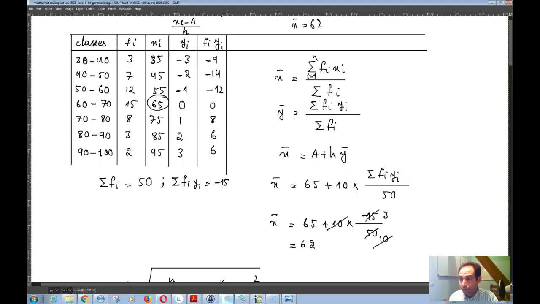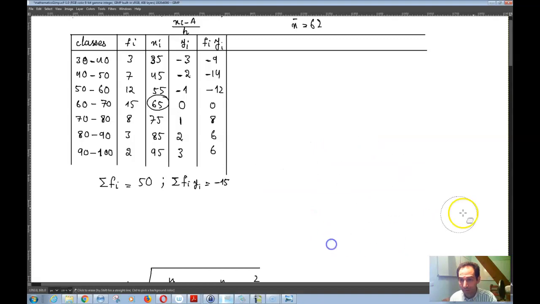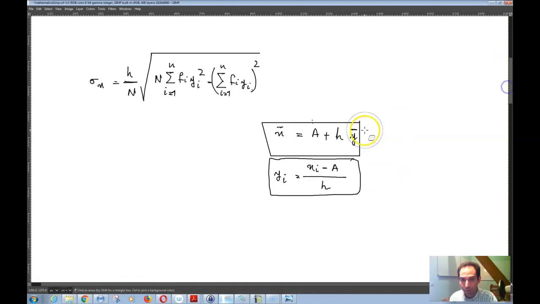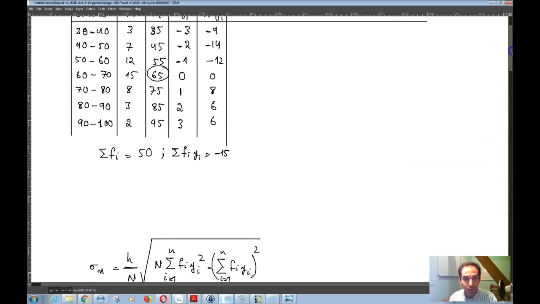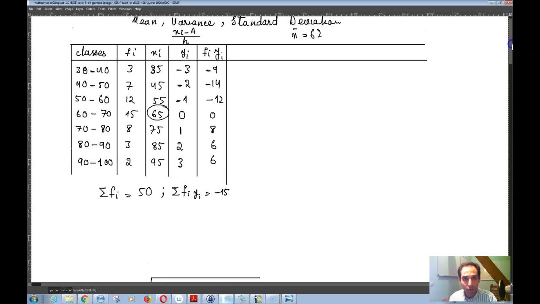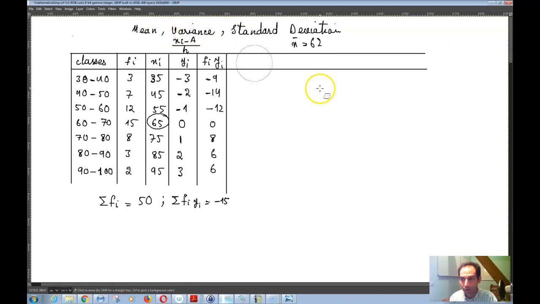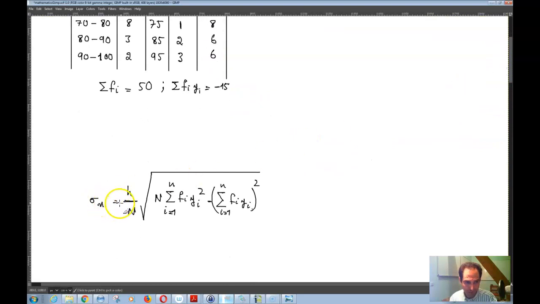And then the rest of the calculation. I don't really need this anymore, but this part over here I need to calculate. We calculated the mean. Now we need to calculate the variance and standard deviation. So the variance is sigma squared, which is basically the square of this whole thing.